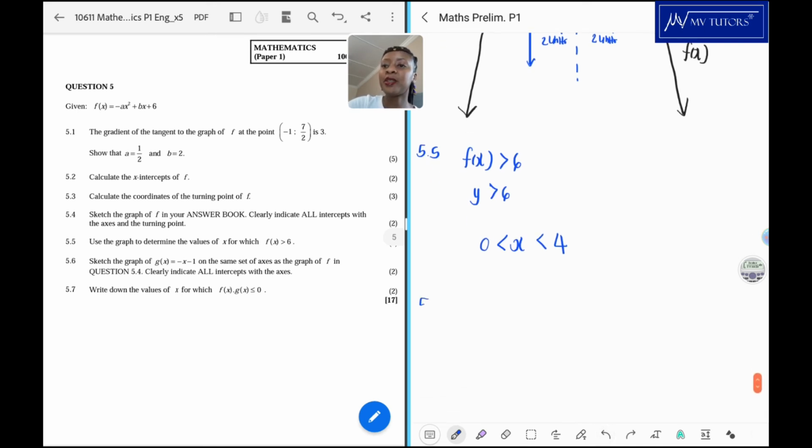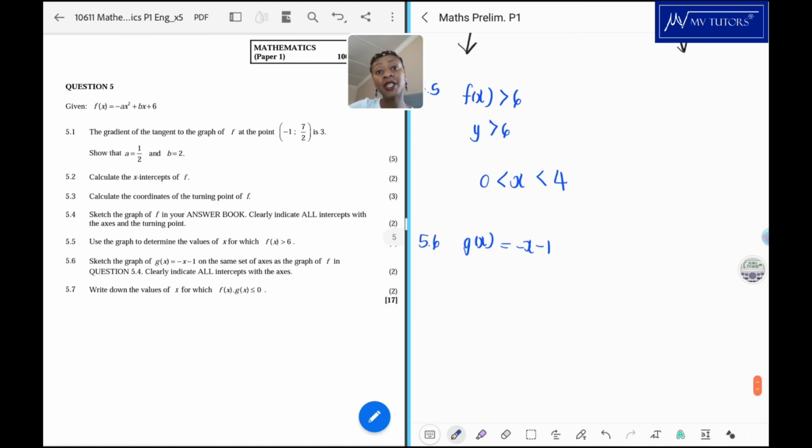Okay, and then 5.6, sketch the graph of g. So g is minus x minus 1 on the same set of axes as the graph of f in question 5.4. Before I sketch it, I need to know what the x and y intercepts are.